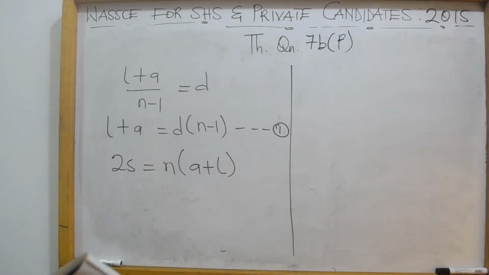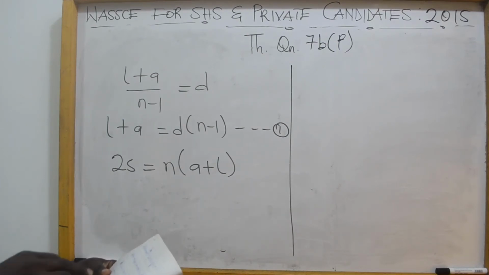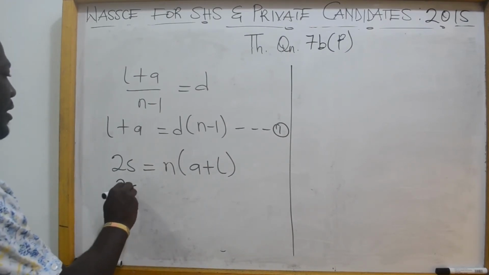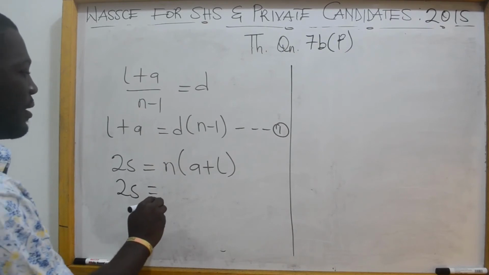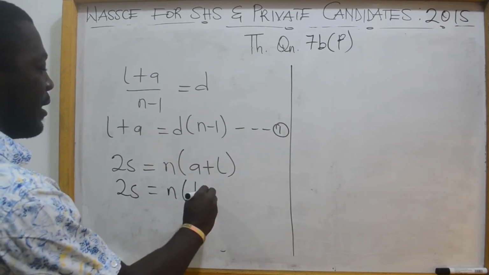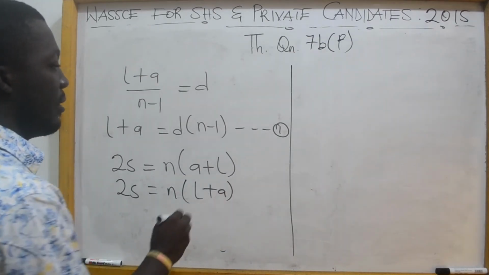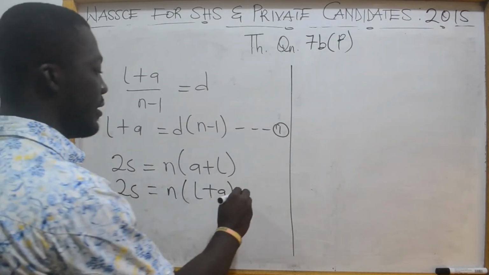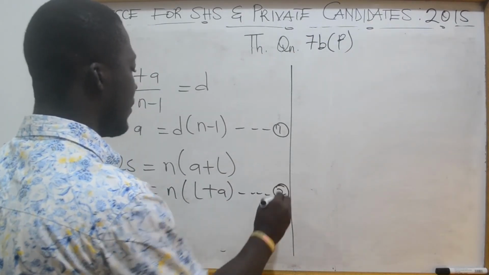So we are to make s the subject in terms of n and d. So in this equation, 2s is equal to, we can write A plus L as L plus A. It is commutative, so it doesn't change anything, and call this one equation 2.